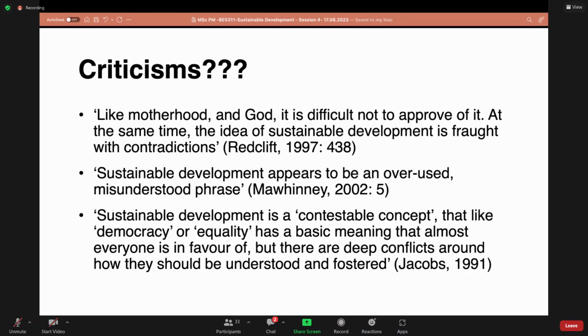So again, there are others that say it's a contestable concept that people can argue over. So there are conflicts around what sustainable development means or how it should be implemented, what should be prioritized, and all those things.